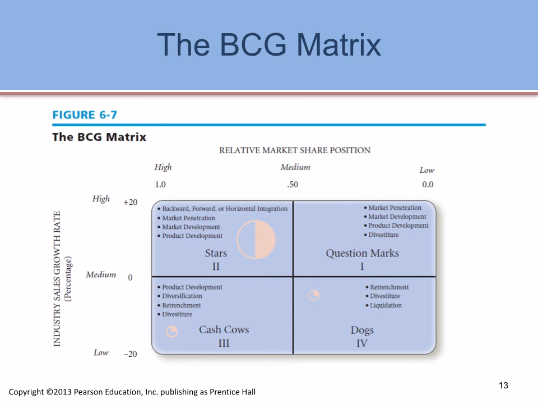There are four types of firms that we will be discussing: question marks, stars, cash cows, and dogs. So let's define, explain, and give an example for each type of firm.